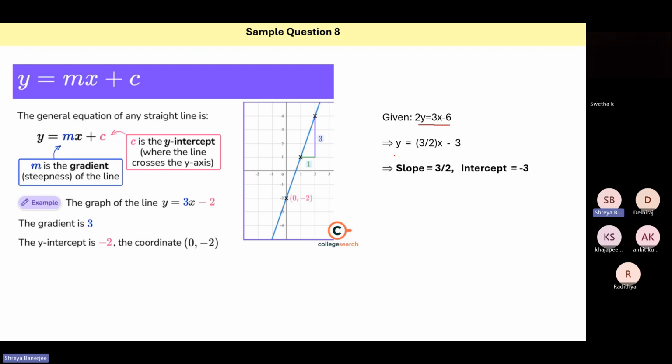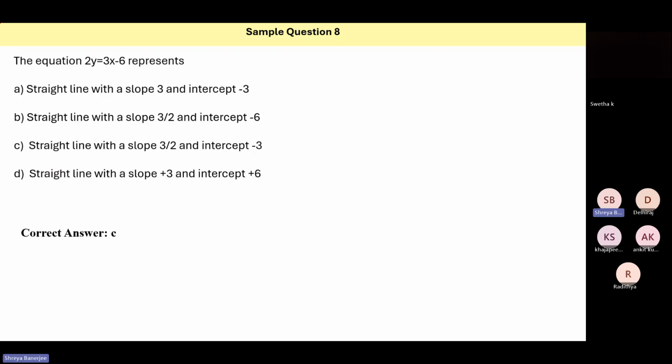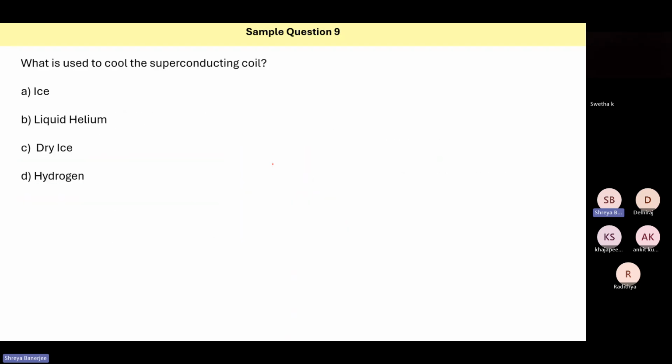If you rearrange the equation so that you have it in the form y equal to mx plus c, then your slope is 3 by 2 and the intercept is minus 3. So that is your option C, slope 3 by 2 and intercept minus 3. This is a general simple maths question, not an NMR related question.